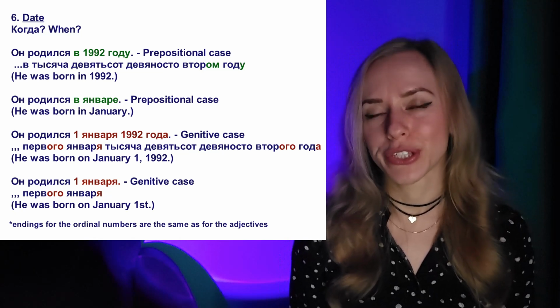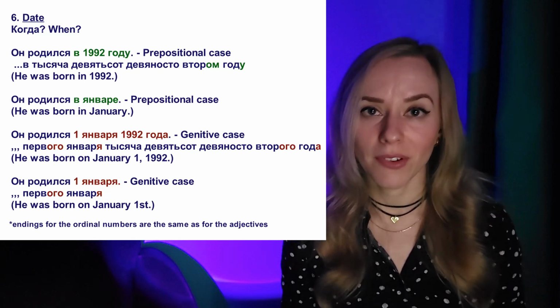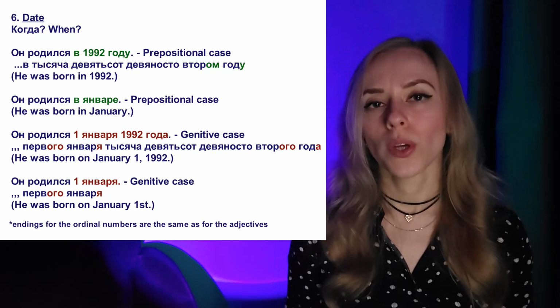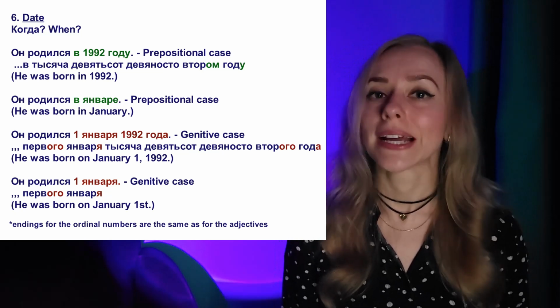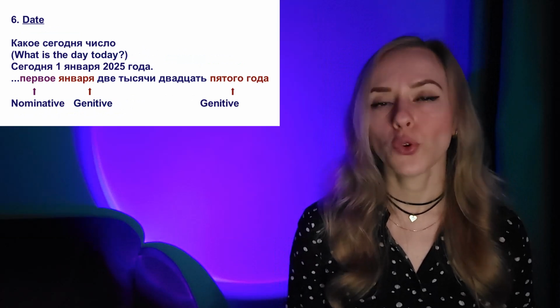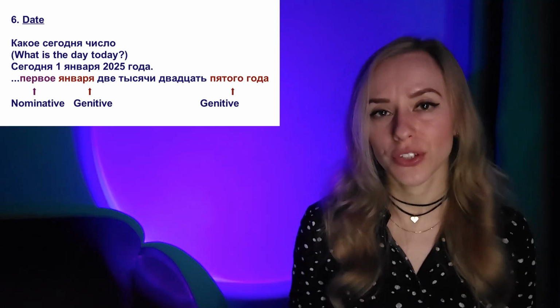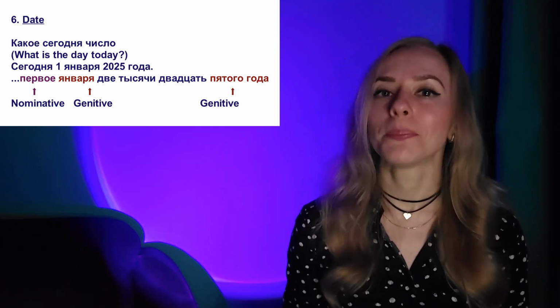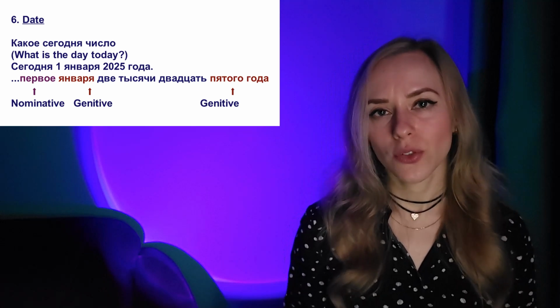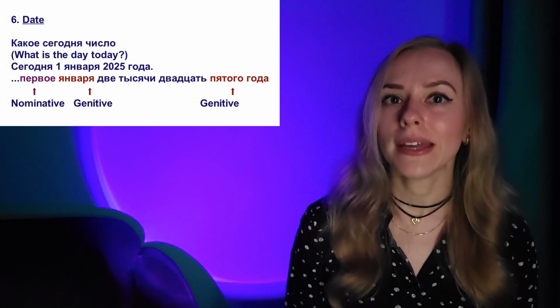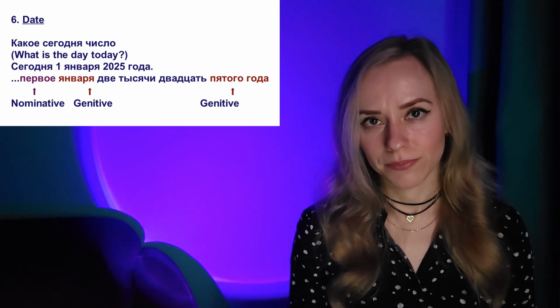Or if you want to say just он родился 1 января, when you need to answer the question когда. If you answer the question what is the date today, какое сегодня число? Сегодня 1 января. In this situation, we use первое in the nominative case.